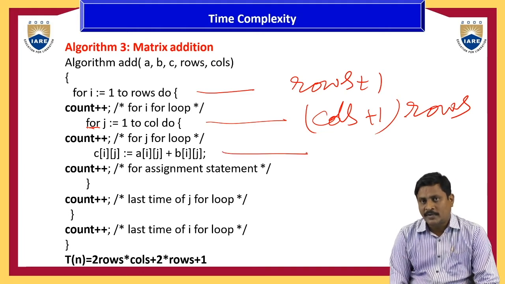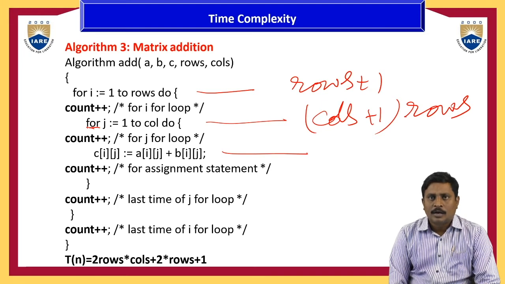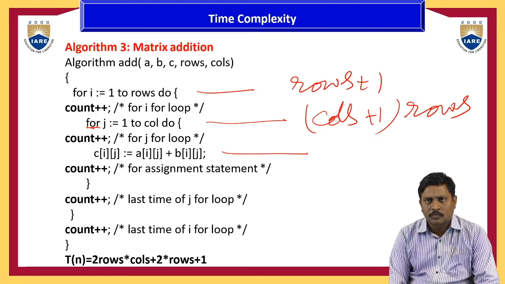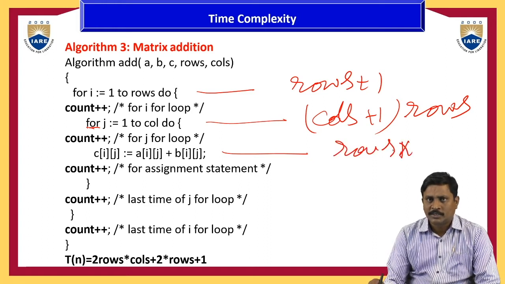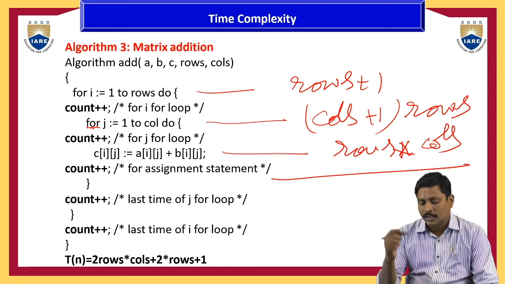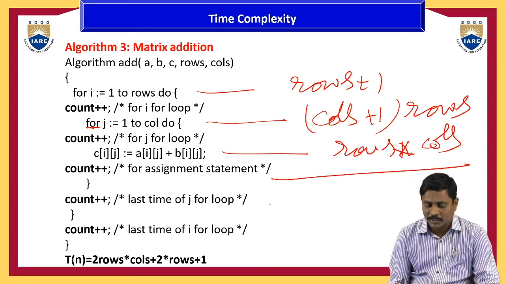This C of ij equal to A of ij plus B of ij is under for i equal to 1 to rows and for j equal to 1 to columns. So with respect to i equal to 1 to rows, it repeats rows times, and with respect to j equal to 1 to columns, it repeats columns times. So we calculate the complexity of rows plus 1.